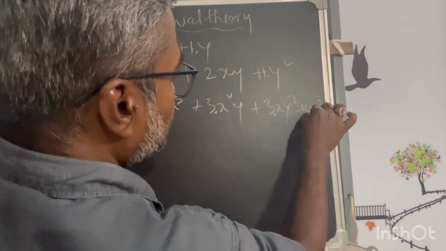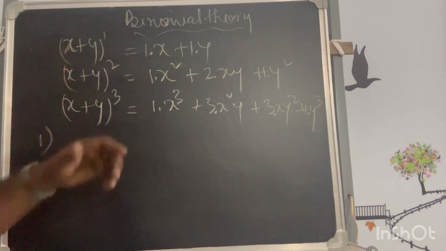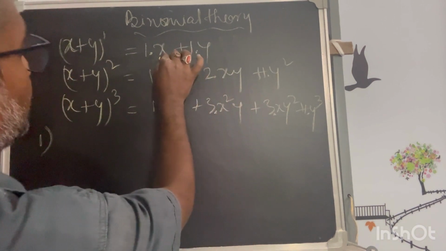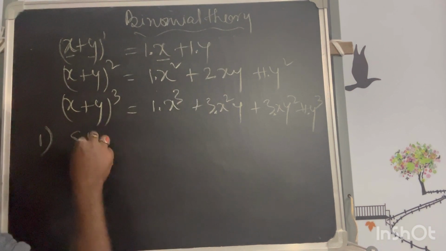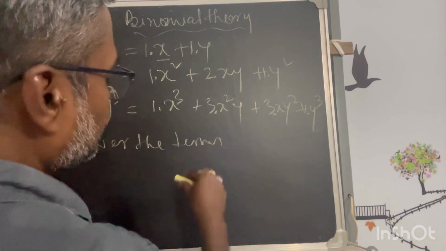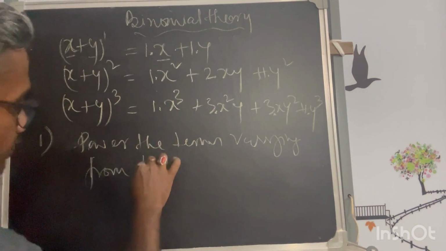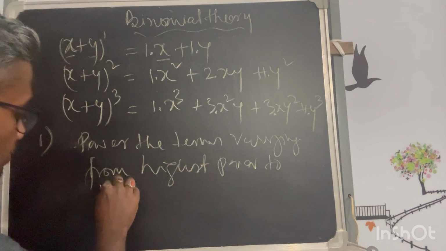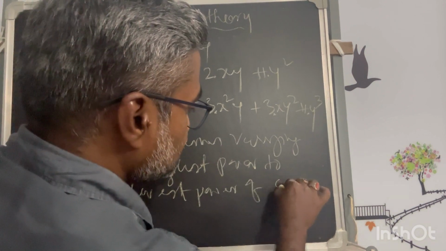Now if we analyze this, it is giving these coefficients, and another observation, one or two observations you can already see if you look properly: the power of the first term, this is the first term, this is the second term, varies from the highest power to the lowest power of 0.